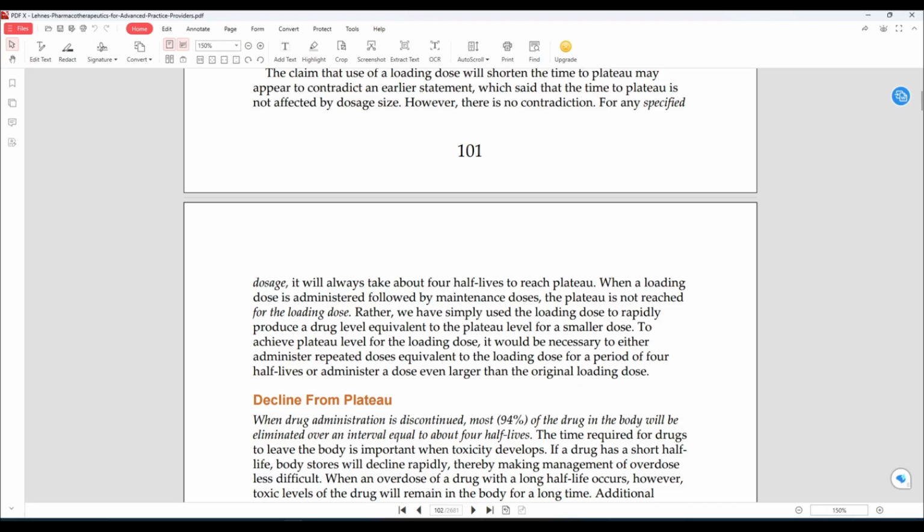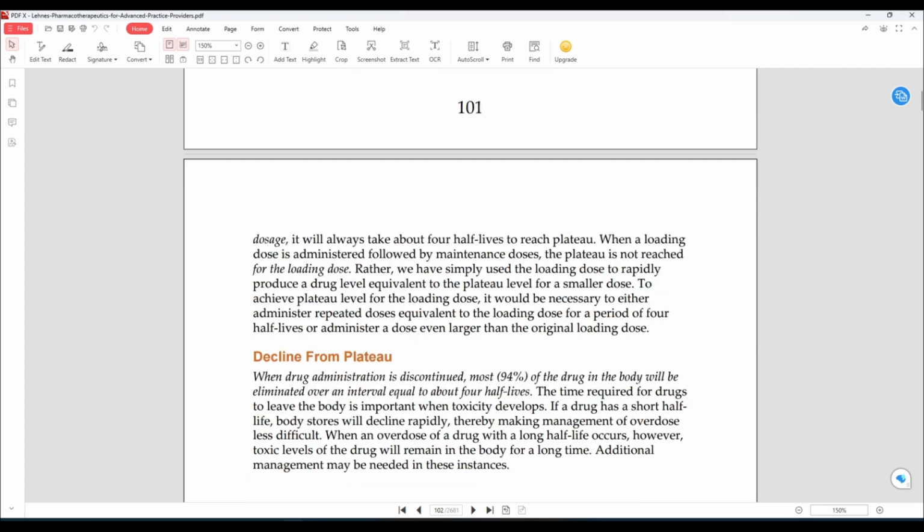Rather, we have simply used the loading dose to rapidly produce a drug level equivalent to the plateau level for a smaller dose. To achieve plateau level for the loading dose, it would be necessary to either administer repeated doses equivalent to the loading dose for a period of 4 half-lives, or administer a dose even larger than the original loading dose.